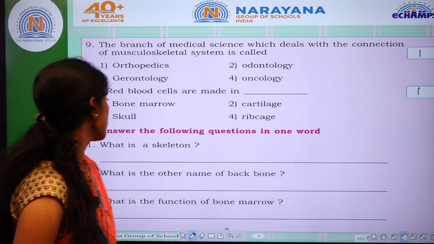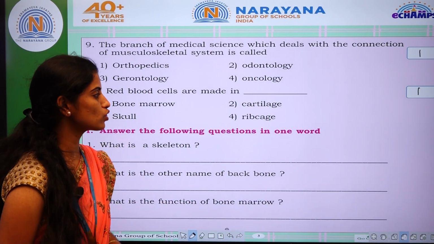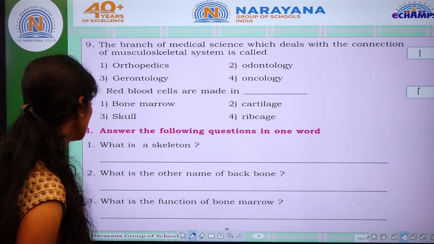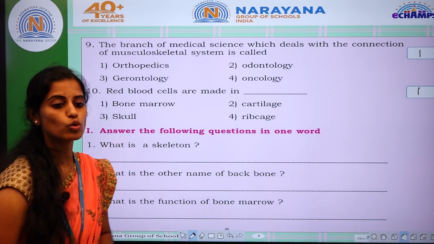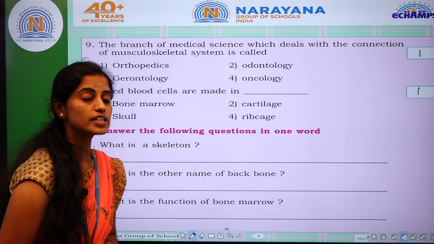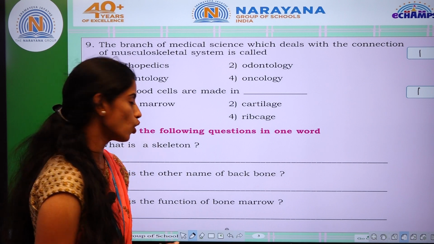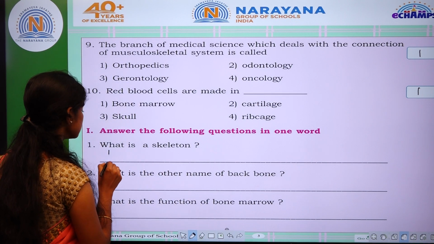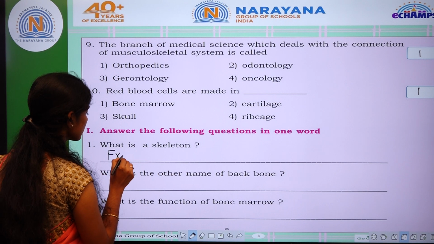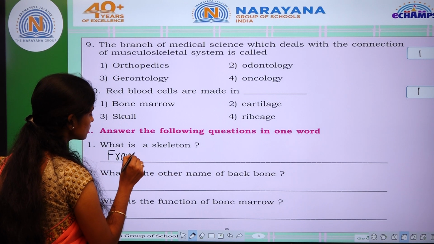Okay children. Next, answer the following questions in one word. What is a skeleton? The framework of bones in our body is called the skeleton. Framework, note it down.